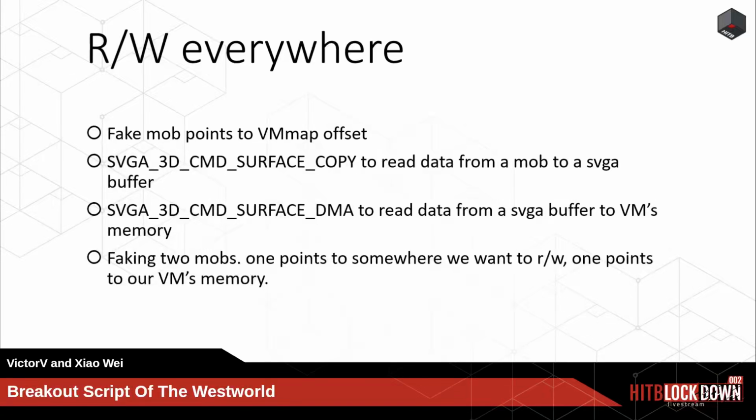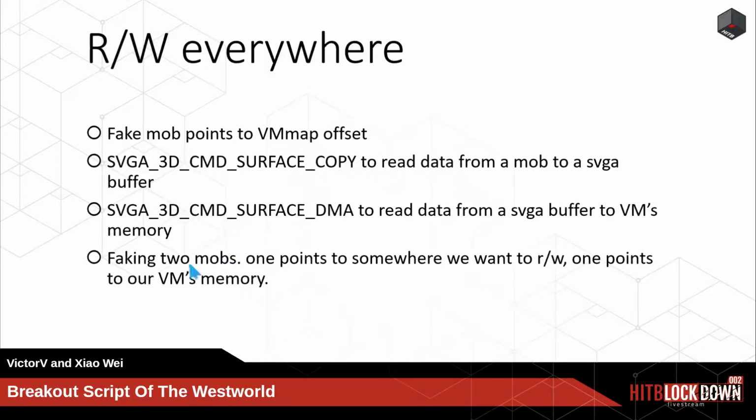Then we use surface copy and surface DMA commands to leak data from a mob to the guest's physical memory. After this, we know the translated address of the guest memory.